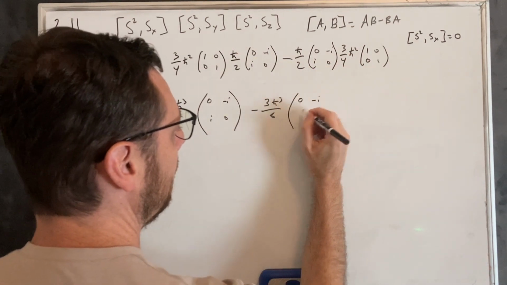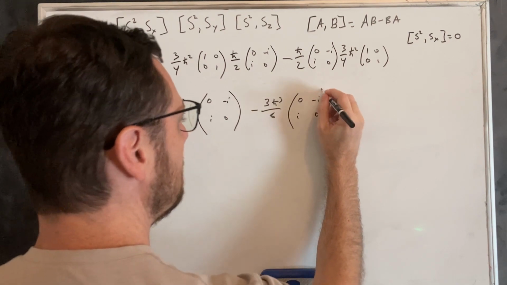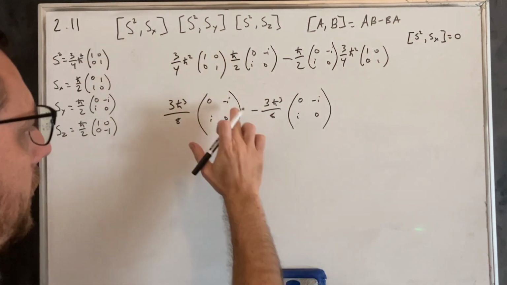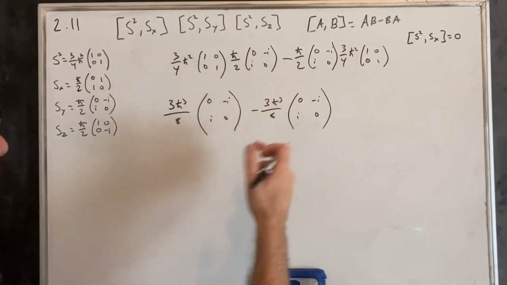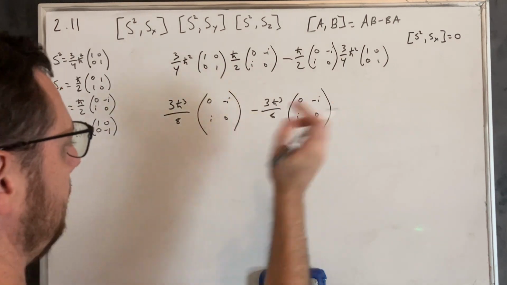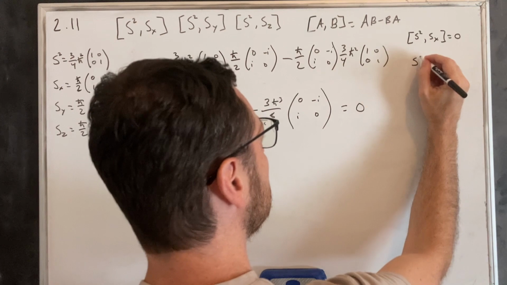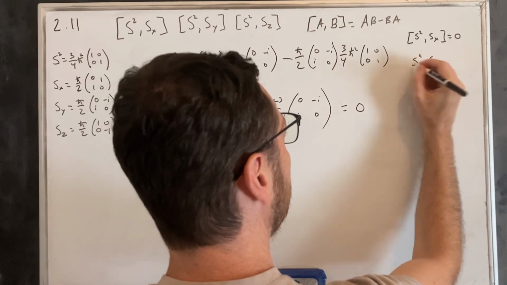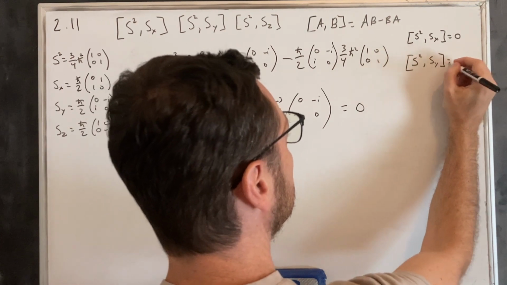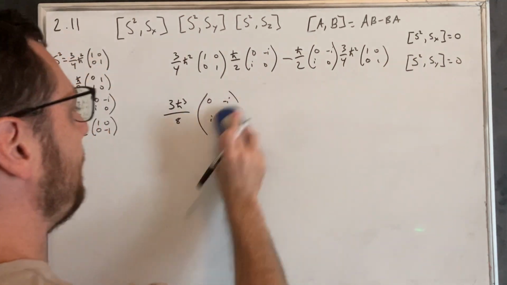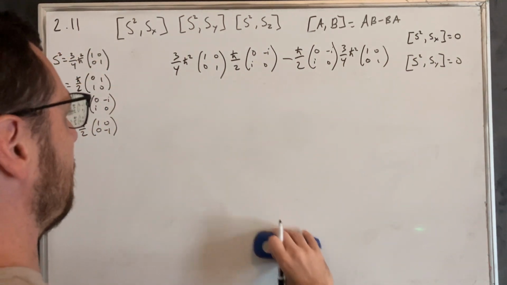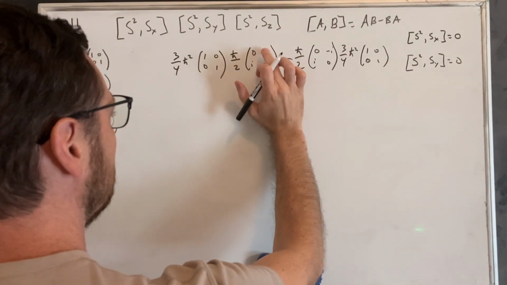Then 0 minus 0 is 0, negative i plus i is 0, i minus i is 0, 0 minus 0 is 0, so we'll get 0 again. That's Sy equals 0, and probably obvious by this point, but we're going to get 0 for Sz also.